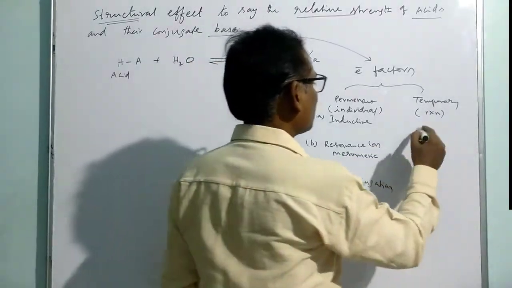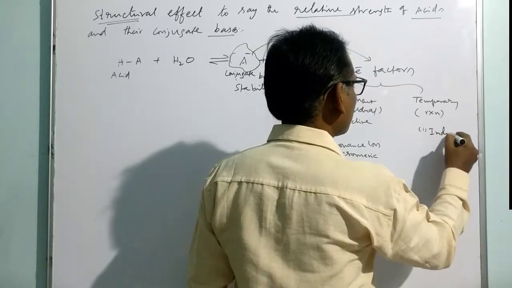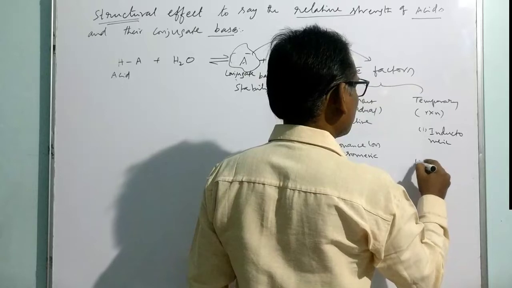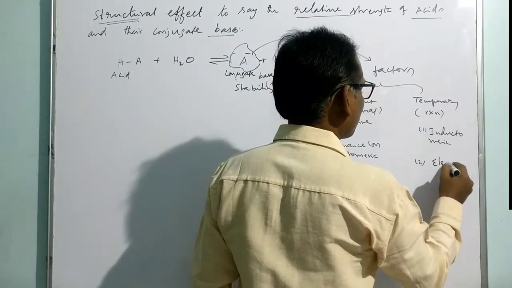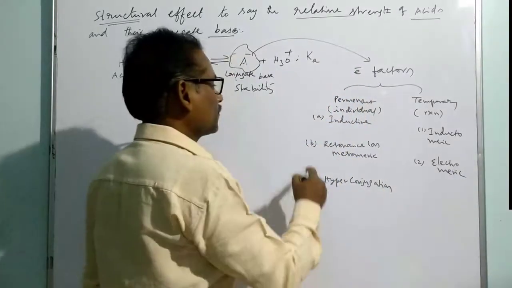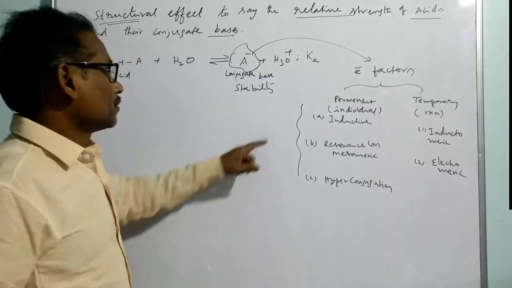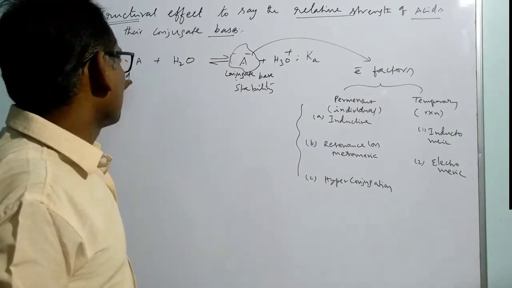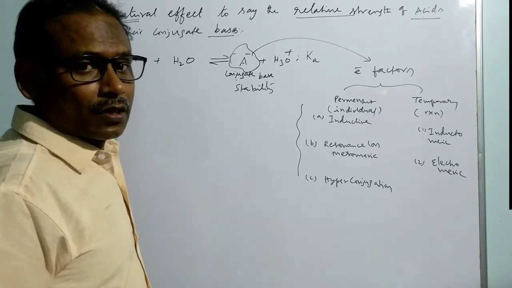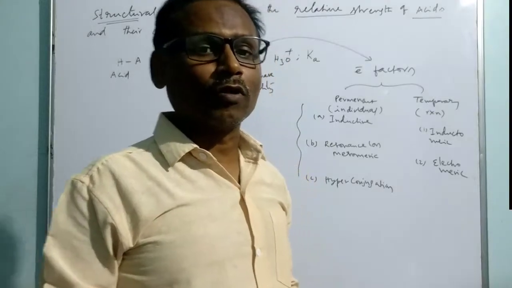So under temporary we have the names inductive, mesomeric effect, and the other one you can say is the electromeric effect. These factors are helpful right now because we are discussing how the structure of every individual molecule influences its ability to eject its proton and make it a stronger acid.